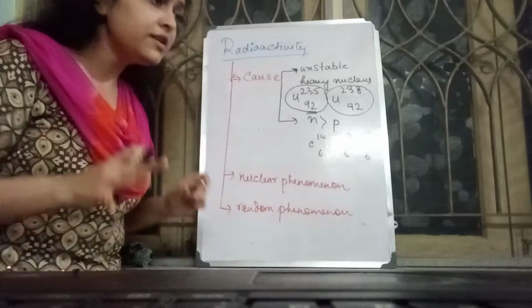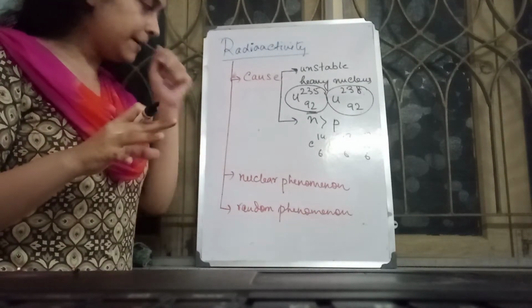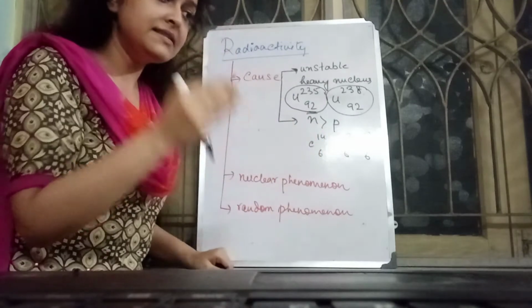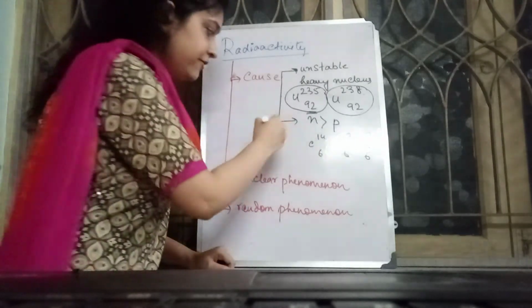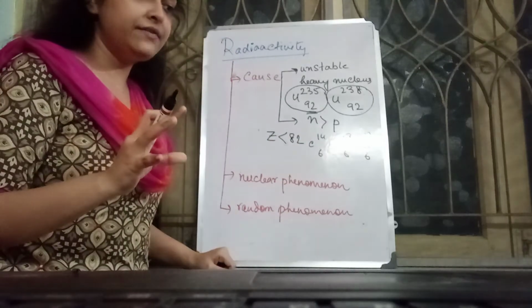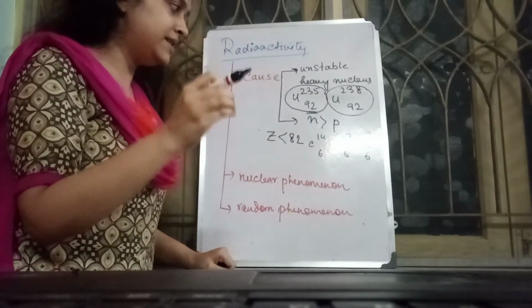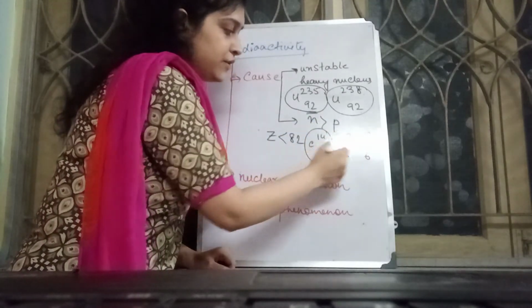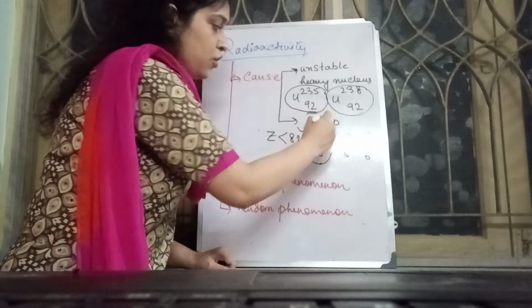But it is also found that in some elements, even if the atomic number is less than 82, they can show radioactivity. Out of the three isotopes of carbon, this one shows radioactivity.